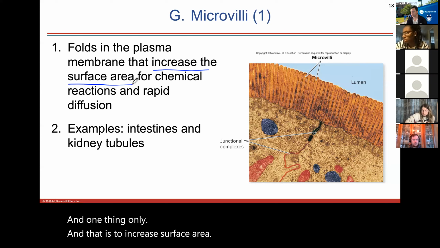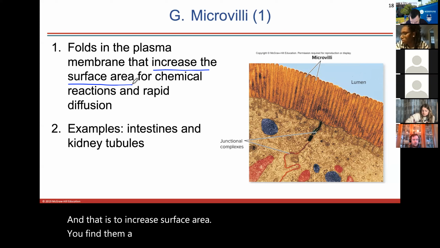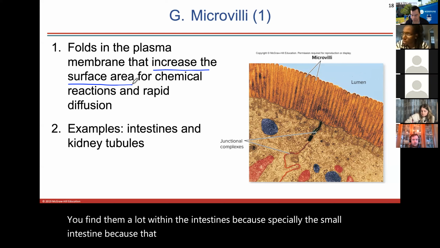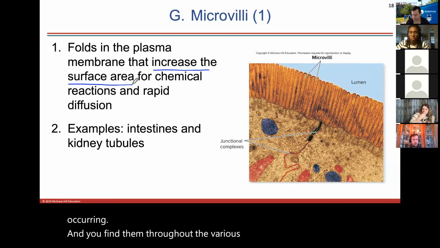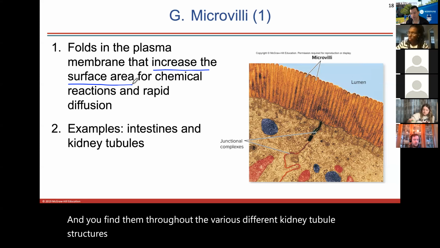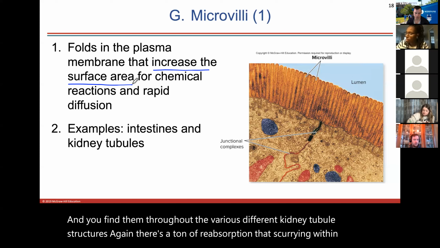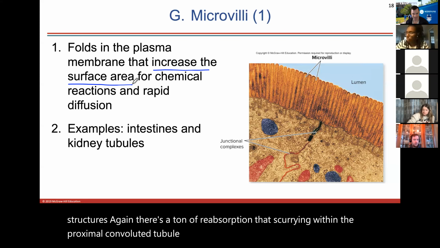You find them a lot within the intestines, especially the small intestine, because that is where the absorption of nutrients is primarily occurring. And you find them throughout the various different kidney tubule structures. Again, there's a ton of reabsorption that's occurring within the proximal convoluted tubule and some of the descending nephron loop.